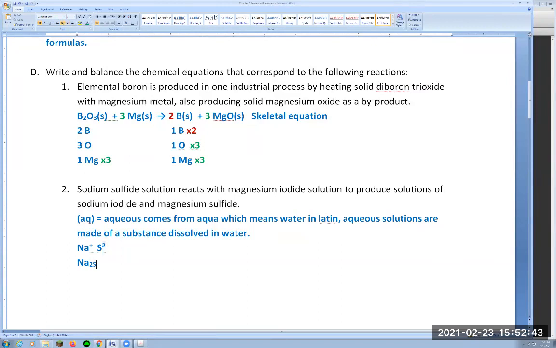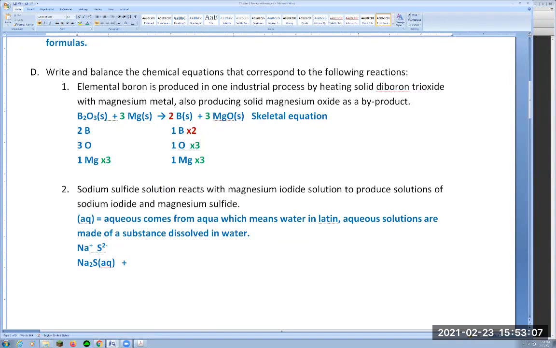And then we have S, and S will get a subscript of 1 from the sodium, so just S. No need to write the 1, it's implied. And we said it's a solution, which means you need to write that it's aqueous for the physical state.